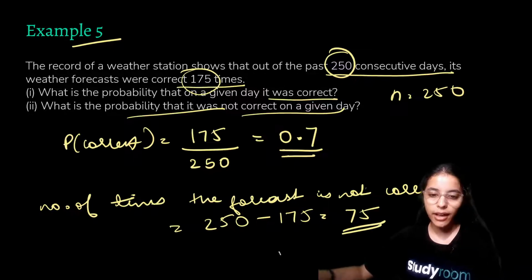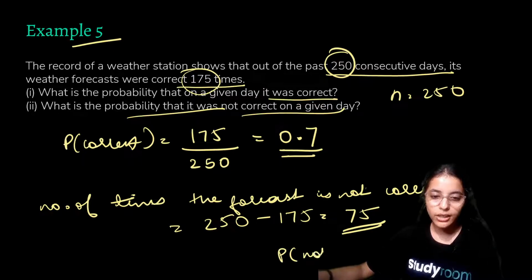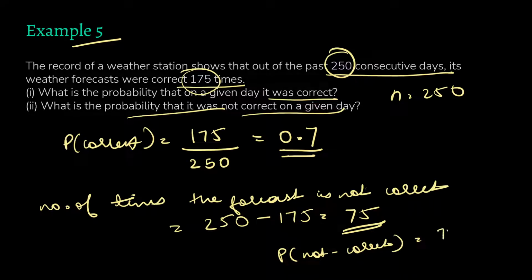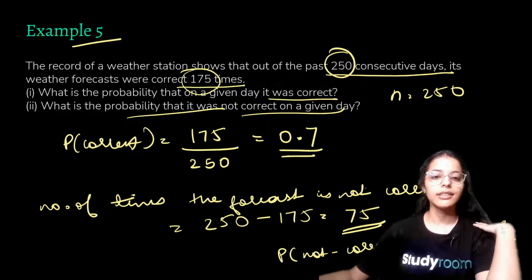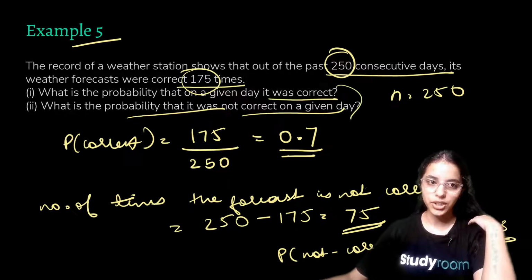So we can easily find P not correct as 75 divided by 250, which will give us 0.3. This is how we find our probability in these particular questions, right?